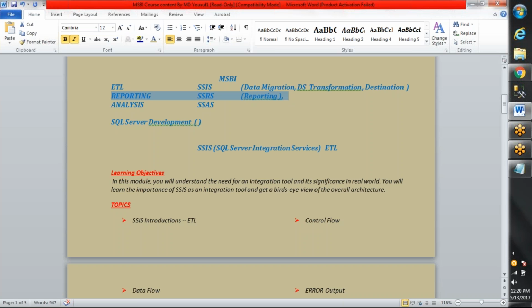There are different techniques of moving your report from your server to someone's shared folder, or sending it to an email address of your business. That is nothing but subscription. There are also different performance improvement steps and techniques in reporting. So that is what reporting in SSRS is all about.